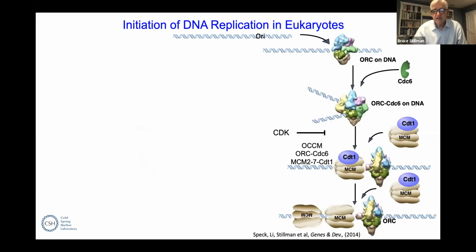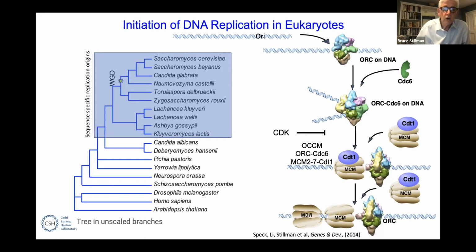Now the OCCM turned out to be unbelievably useful, or valuable, for another reason. And this shows the assembly of the pre-RC, as I mentioned before. The reason why John Diffley and I chose Saccharomyces cerevisiae back in '85, when we first started working on this, was because it was highly suspected at that time that it would have sequence-specific origins of replication.